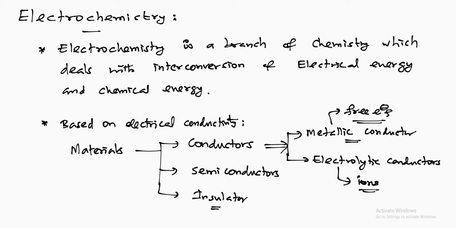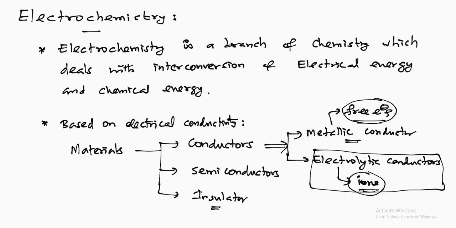So free electrons conduct current in metallic conductors; in electrolytic conductors, the conduction is due to ions. Students, observe carefully. We are going to focus mainly on the electrolytic conductors. Under electrochemistry, we are going to focus mainly on electrolytic conductors.